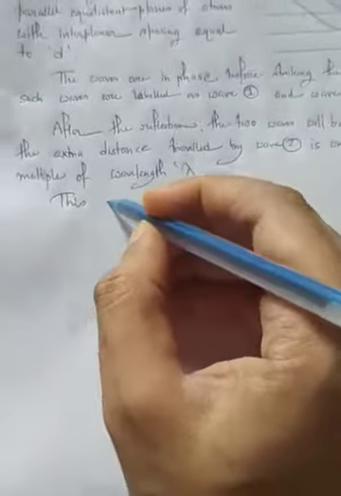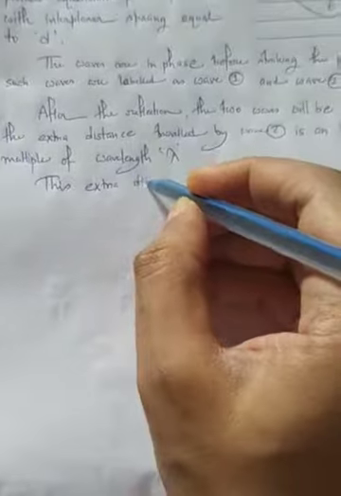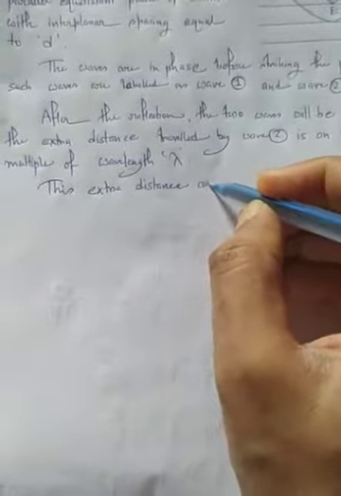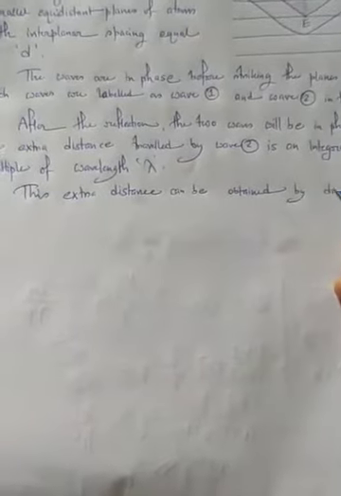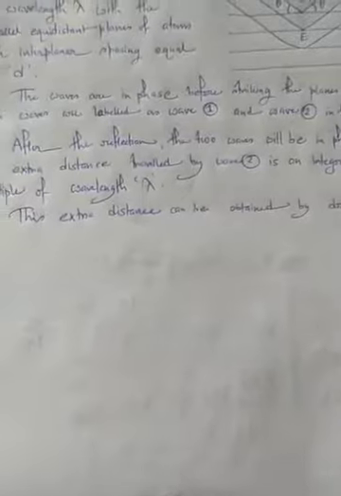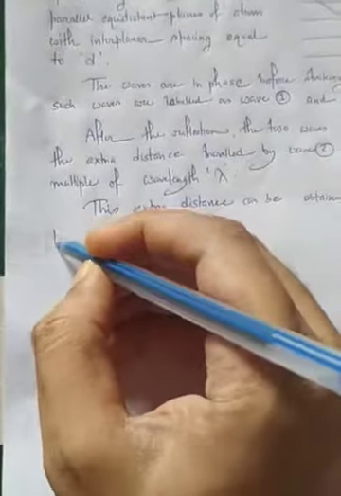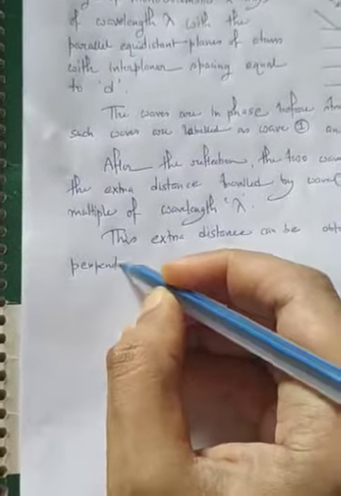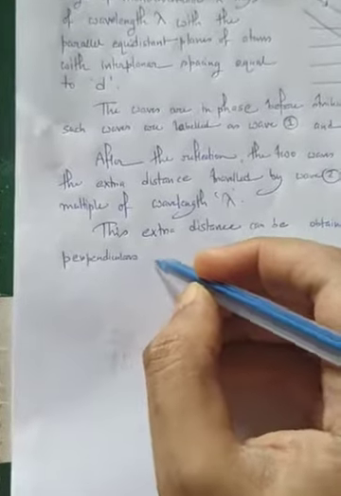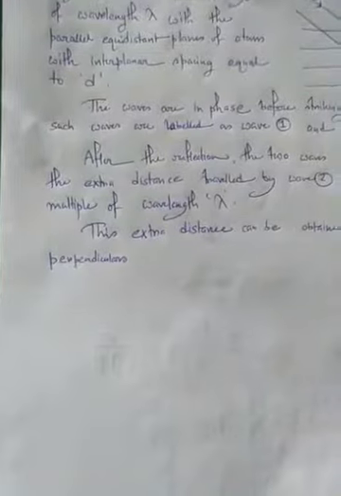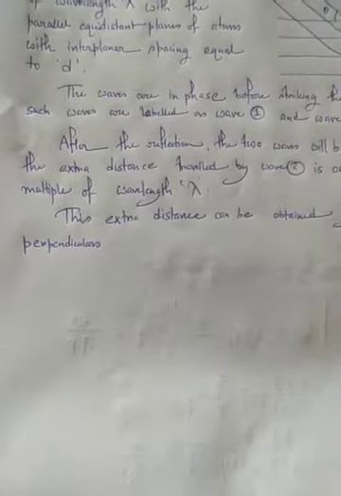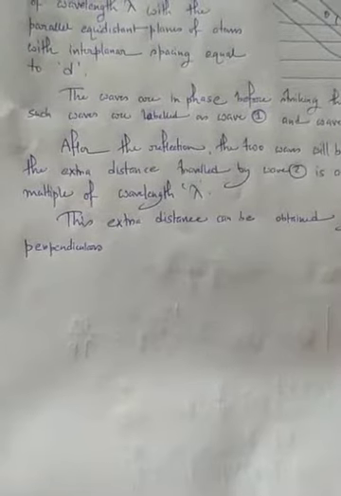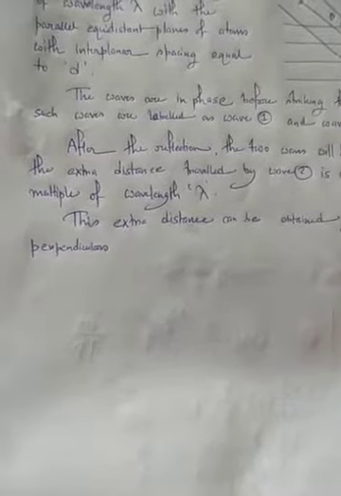This extra distance can be obtained by drawing perpendiculars to wave number 2 from B. So the perpendicular from B to wave number 2 will be like this, and like this.